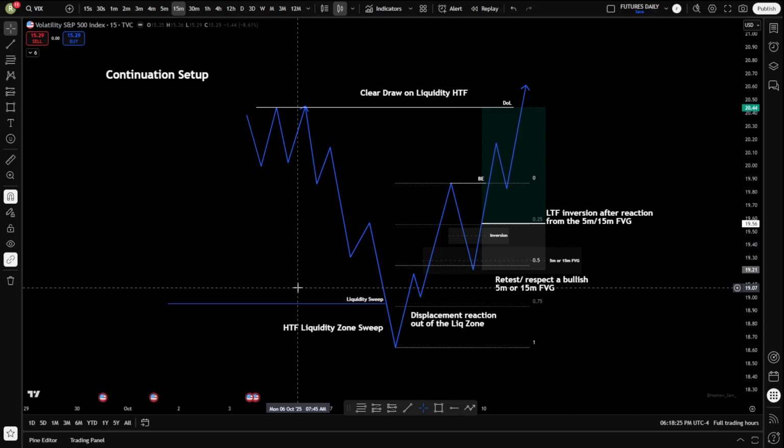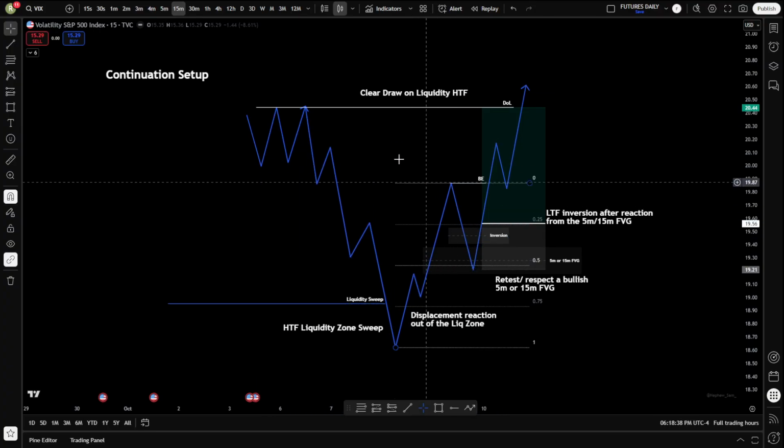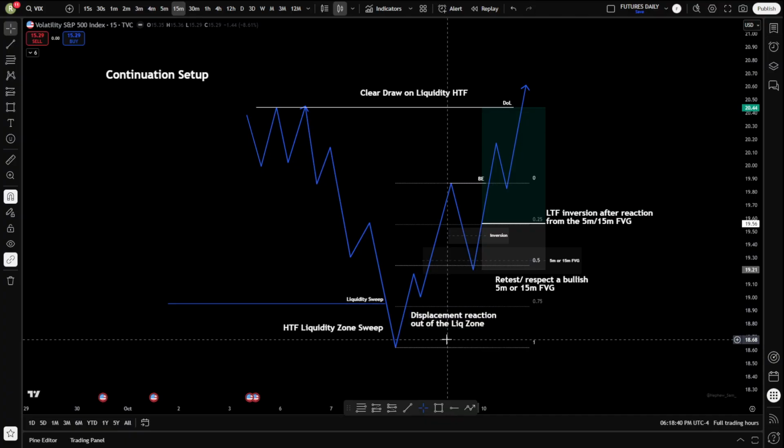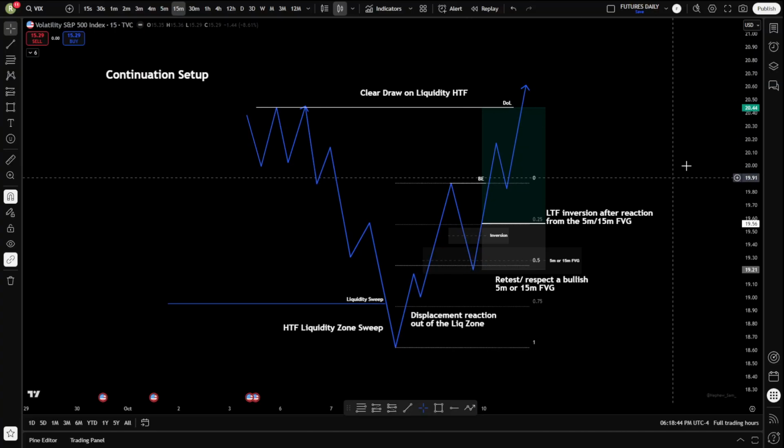This could be a previous day low or high, a previous fair value gap that we left that was unmitigated, etc. And then we want to see a reaction out of that and price displace toward our clear draw on liquidity that is aligned with our bias, right?